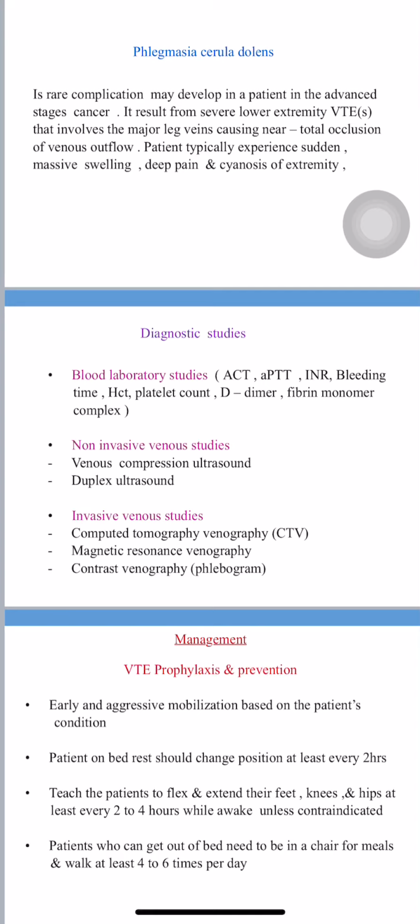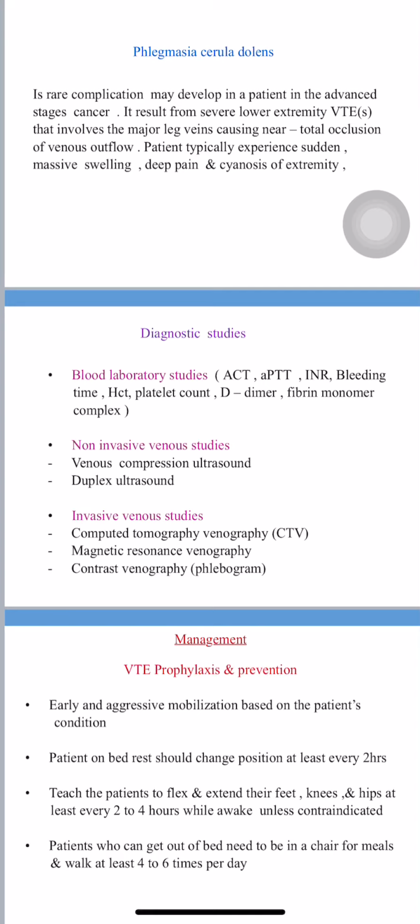It is a combination of compression ultrasound with spectral and color flow Doppler. So the veins are examined for their compressibility and intramural filling defects. It helps to determine the location and extent of thrombus formation. So that is a useful test for diagnosis of venous thromboembolism.